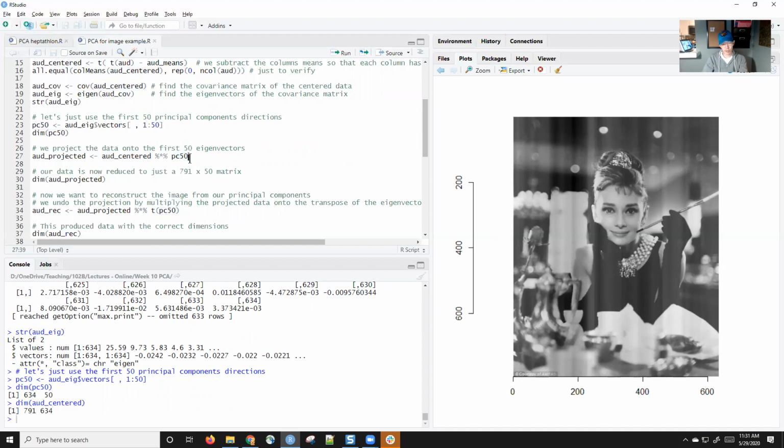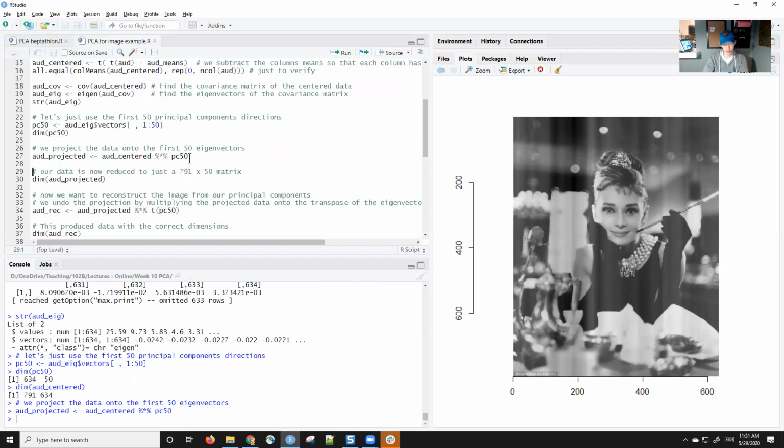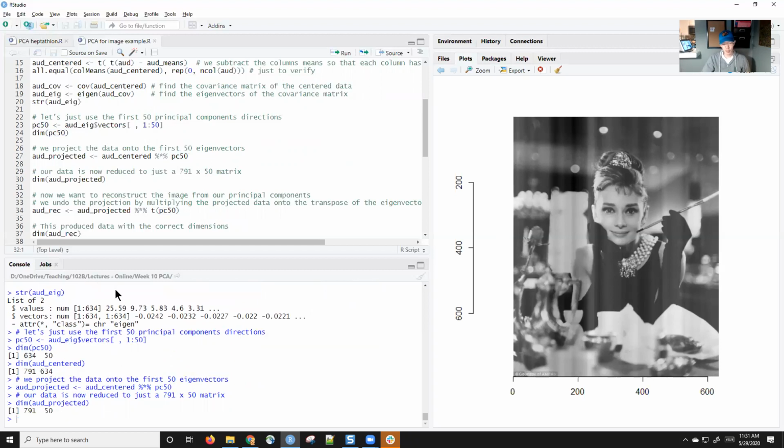The result when I project it down is 791 by 50. So I've reduced my image from 791 rows and 634 columns down to 791 rows and 50 columns, okay?